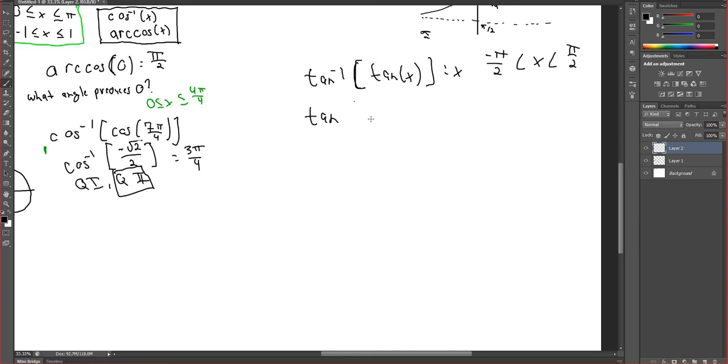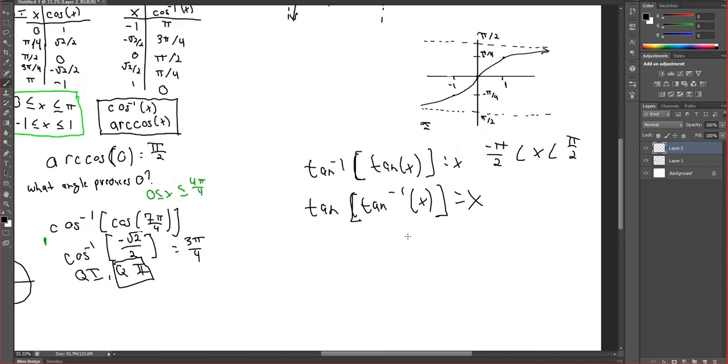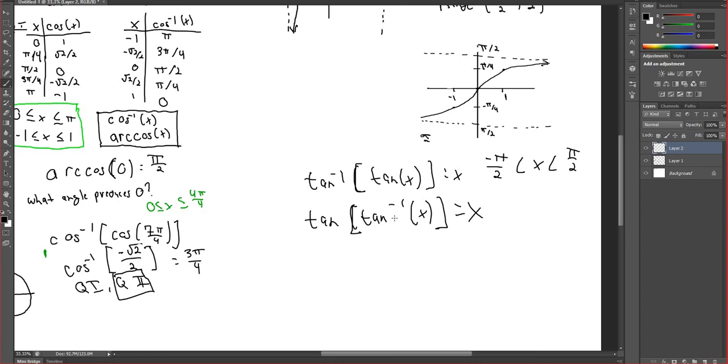And then tan of tan inverse is always equal to x. So because the domain of tan inverse is negative infinity to infinity, this is always true. So there's no restriction for if you have tan inverse on the inside bracket.